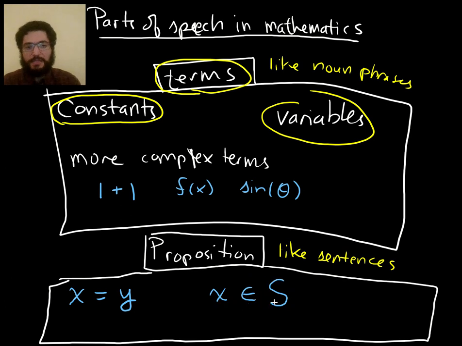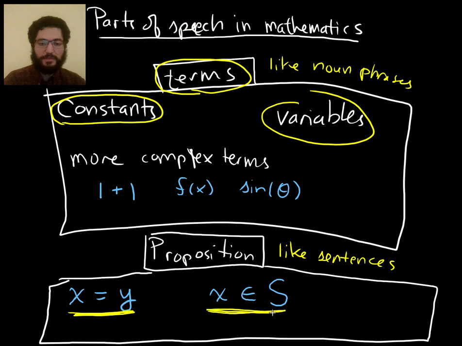And this is an aspect of the grammar that you can understand just as syntax without knowing what this means. Later on we will see that, as you probably already know, you can read this as x equals y, and you might not already know, or that you can read this as x is in s. So propositions make assertions. They say something.